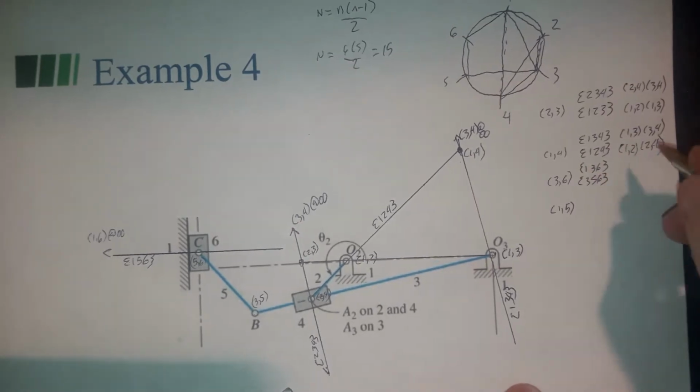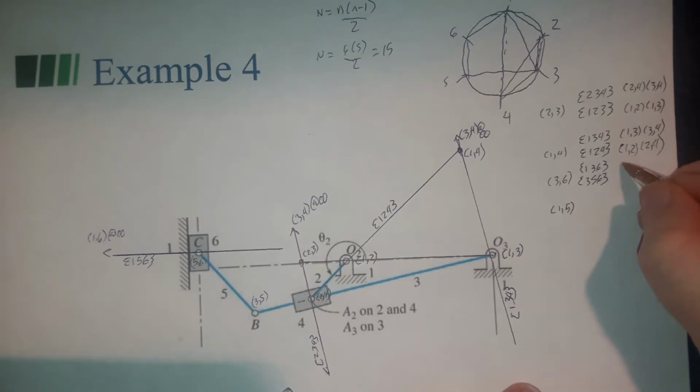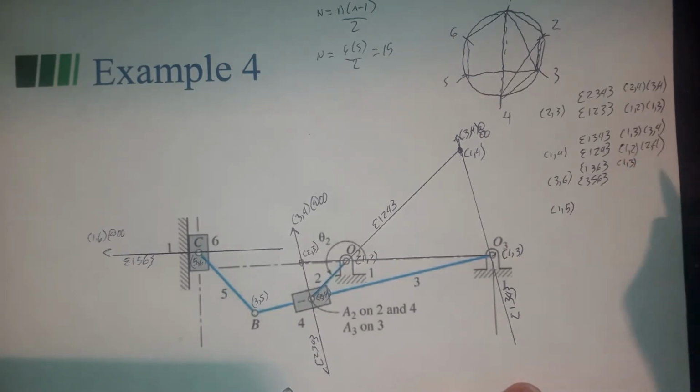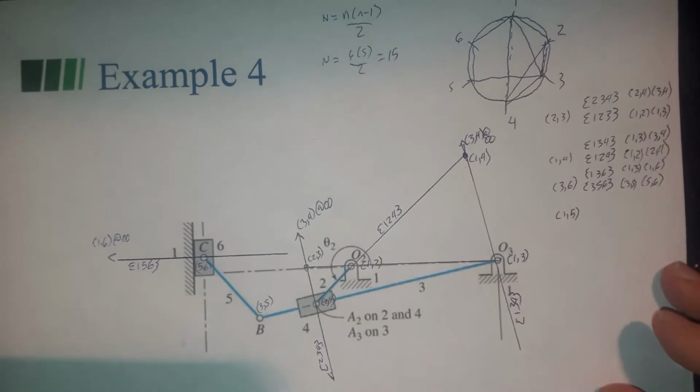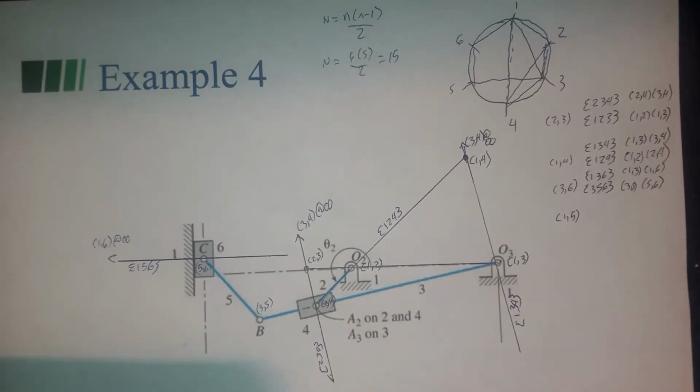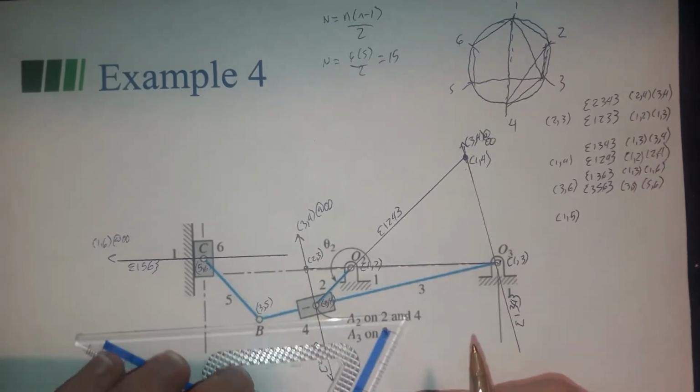Okay, and so I already have 1, 3 and 1, 6 here, and I also have 3, 5 and 5, 6. Okay, so 1, 3 and 1, 6.